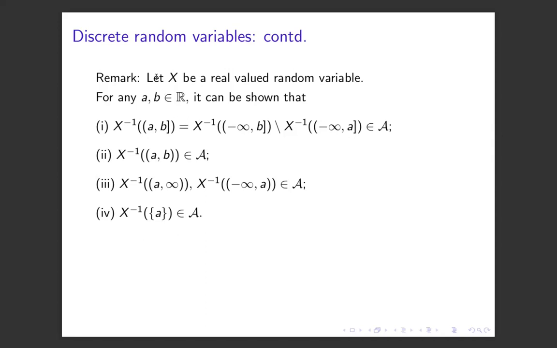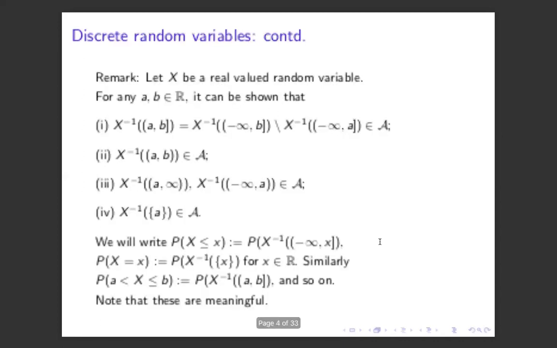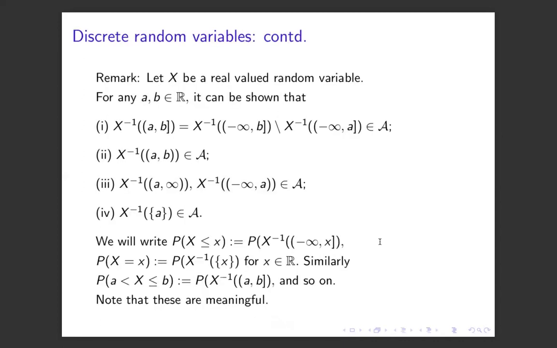Or since we are going to deal with discrete random variables, the probability that the random variable takes the value a. All these things make sense. So as an abbreviation for notation, we will generally write probability X less than or equal to little x for denoting the probability of X inverse of the interval minus infinity to x, closed at x.